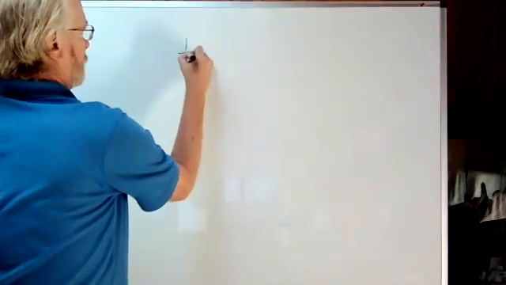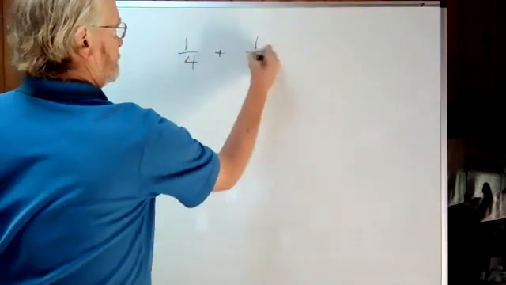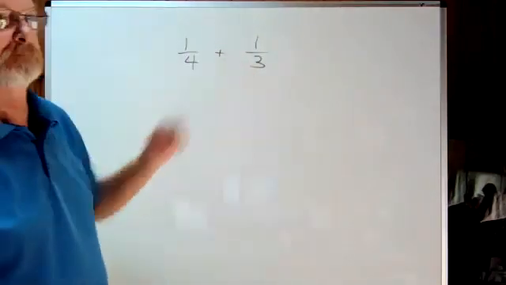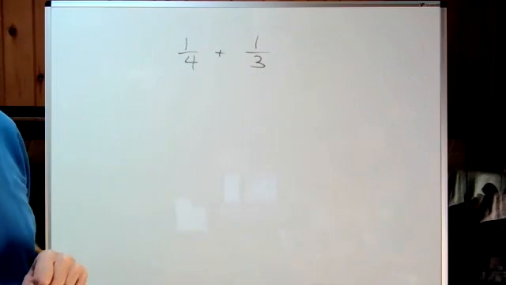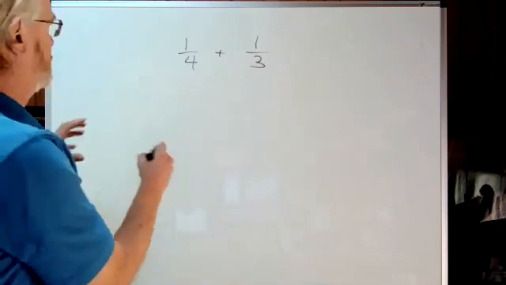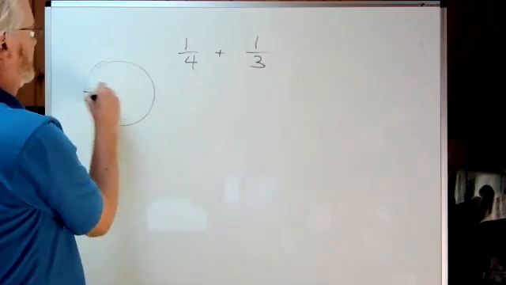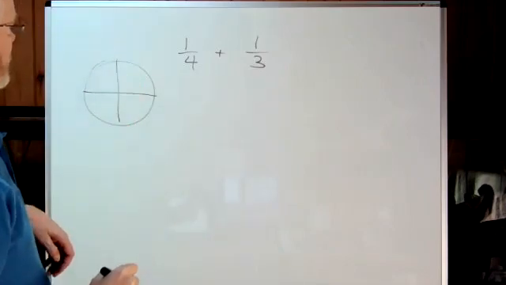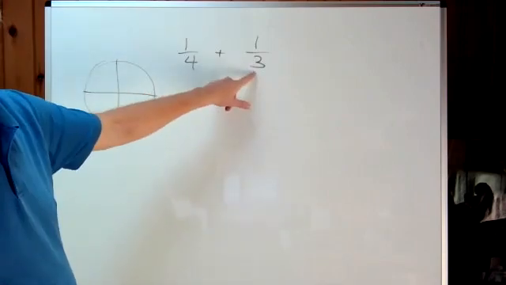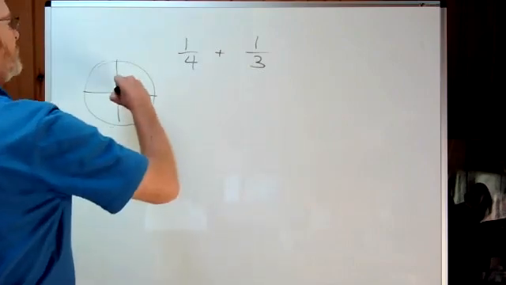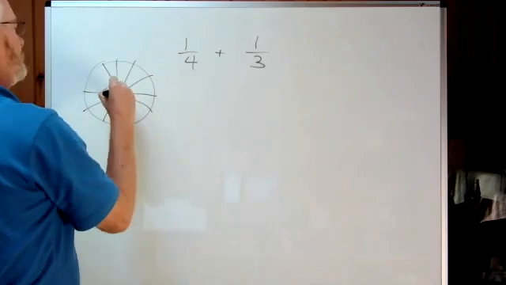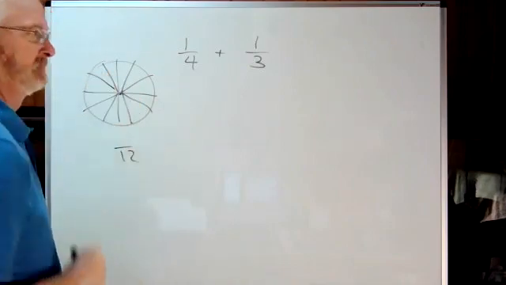Back to my thirds and fourths, a simple small-number first example. I need to add those two together, but I need them to be the same size pieces. If you're thinking about my circle here, when I divide it into fourths, and I divide every one of those fourths into 3 more pieces, now I've got 12ths.